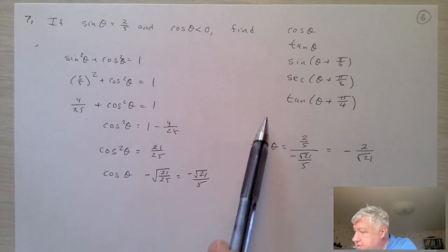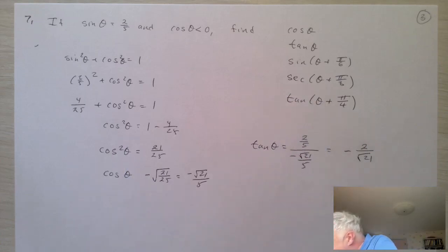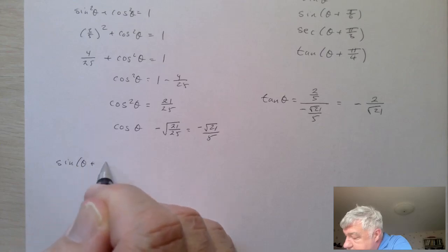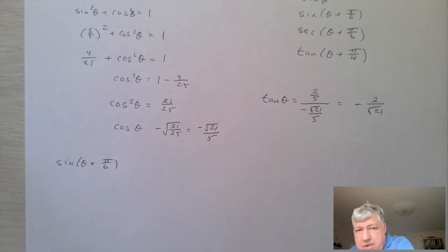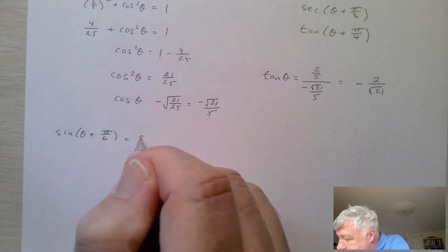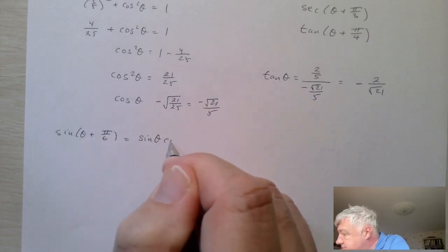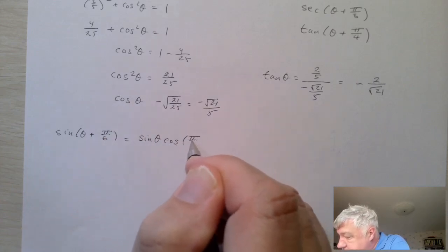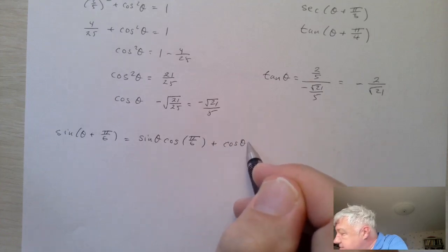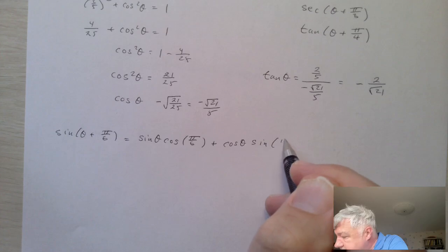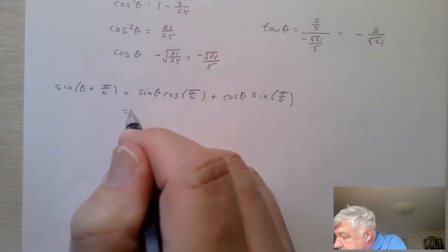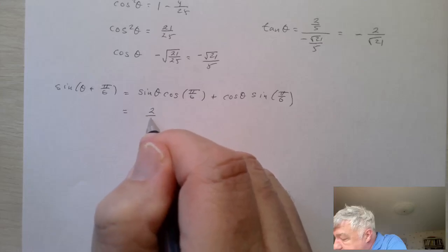Now here, the only difference is now it's the sine of theta plus pi over 6. Okay, so using the summation formula, this is sine of theta times the cosine of pi over 6 plus the cosine of theta times the sine of pi over 6. And we just found the sine is 2/5.